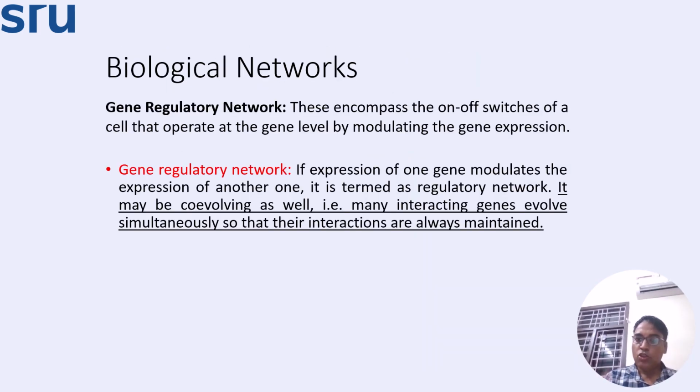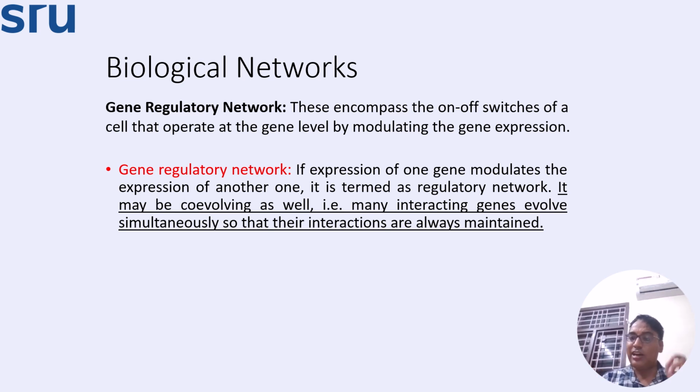So see, the on-off switches we have discussed. Now understand this line. If certain proteins are always found interacting, I ask you the same question before I explain this line, which is underlined here. Some two proteins are always found interacting in different species. What does it imply?